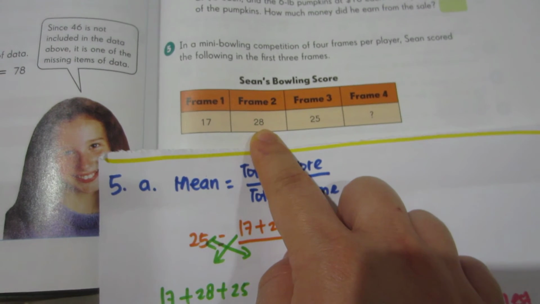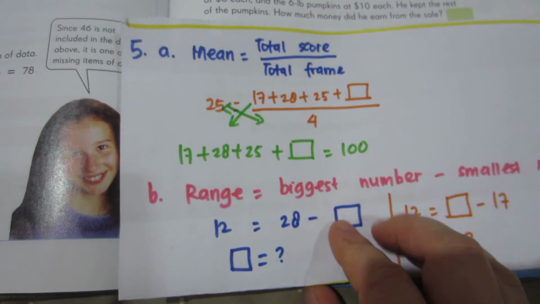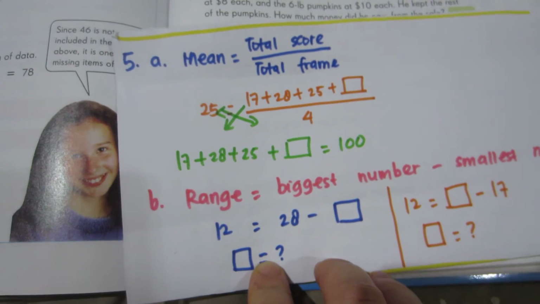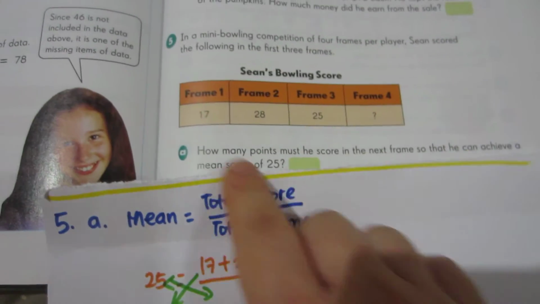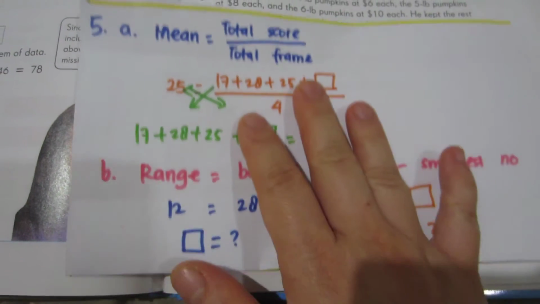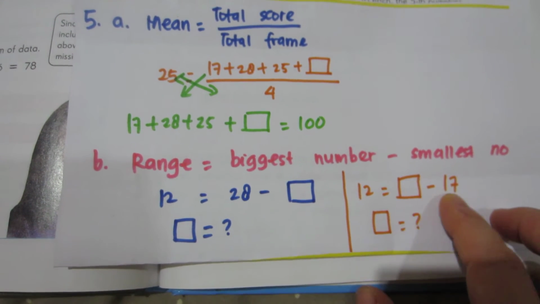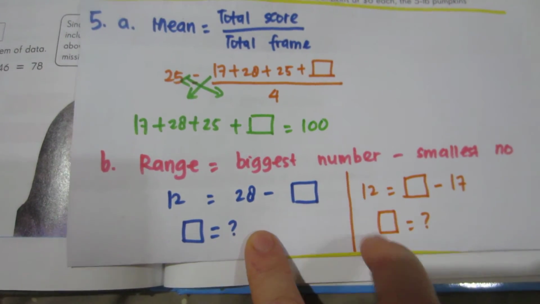So, for example, if the biggest number is this one, we need to find something else so that the difference is going to be 12. Or if we take the smallest number, which is 17, something subtracted by 17 will become 12. Then you can find these 2 possibilities.